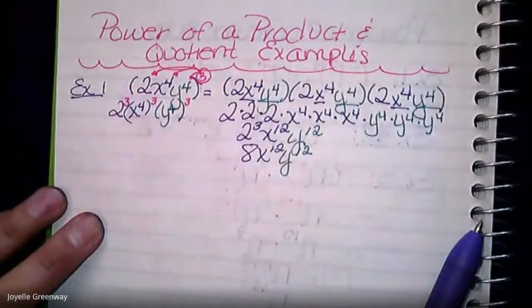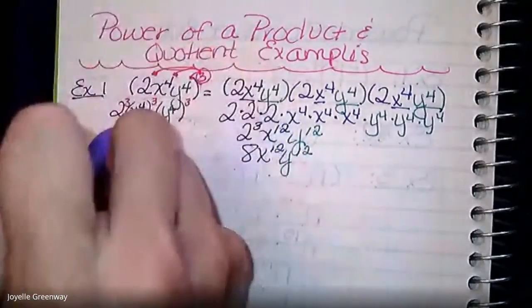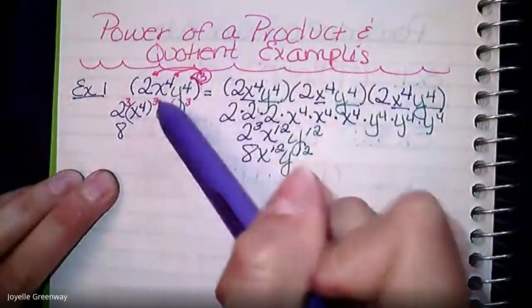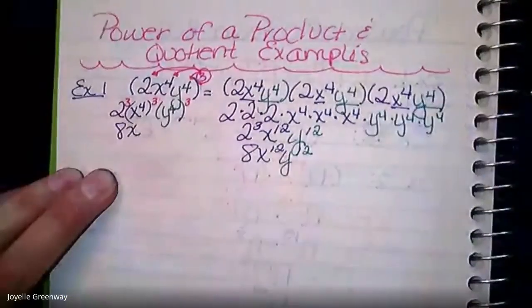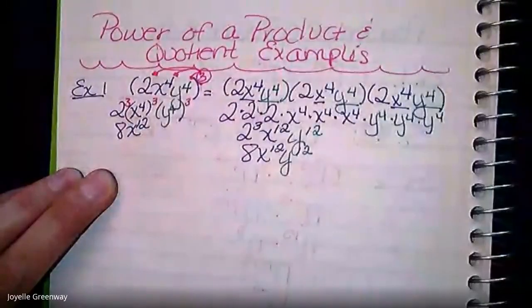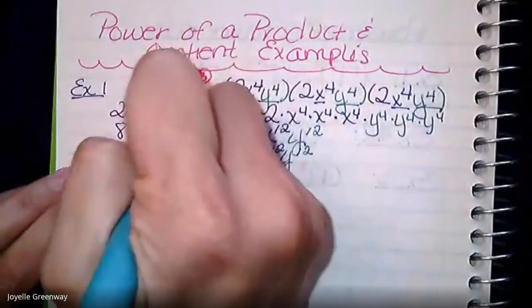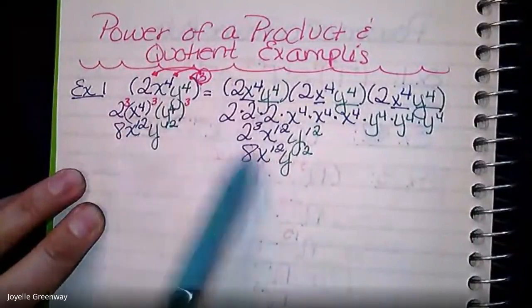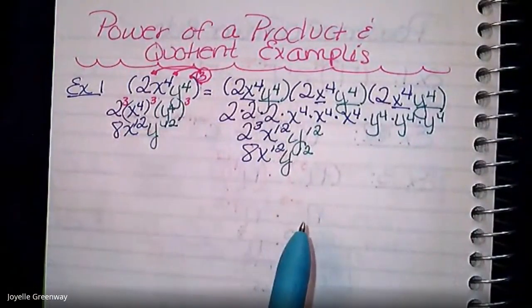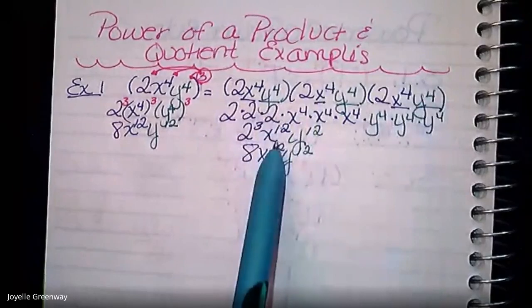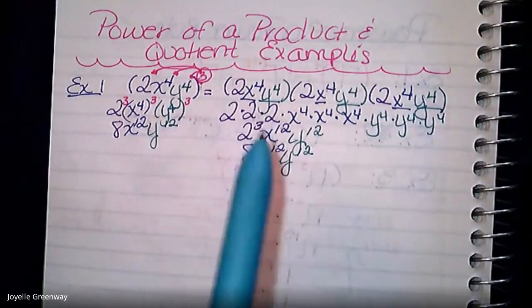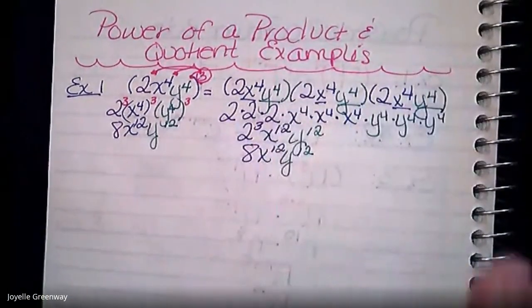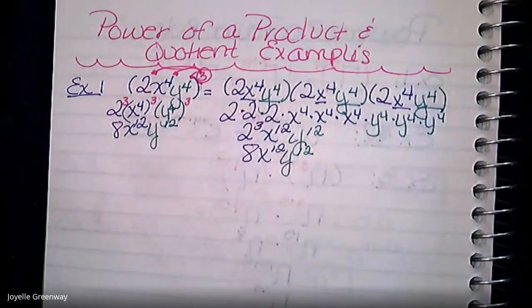So again, you have 2 to the third, which is 2 times 2 times 2, which is 8. And then here you have a power to a power. x to the 4 times 3, which is 12. And then y to the 4 times 3, which is also 12. So see, we got the same answers. So this shows you why this works. And expanded form isn't always easy. It always works, but sometimes you can get really long problems.